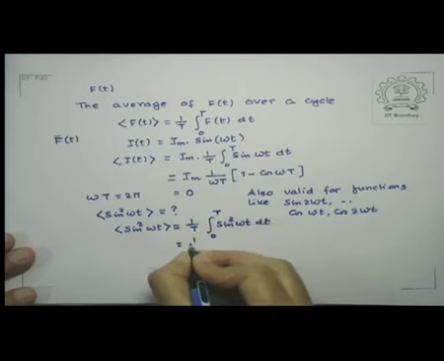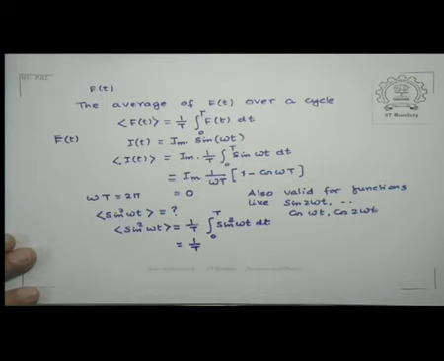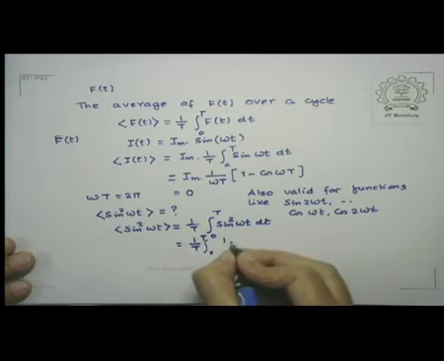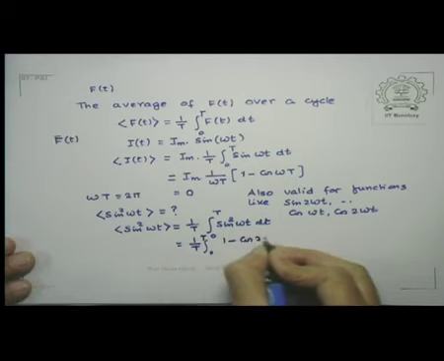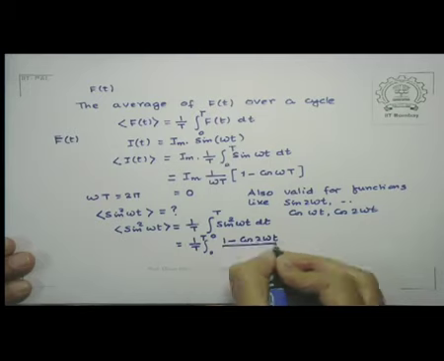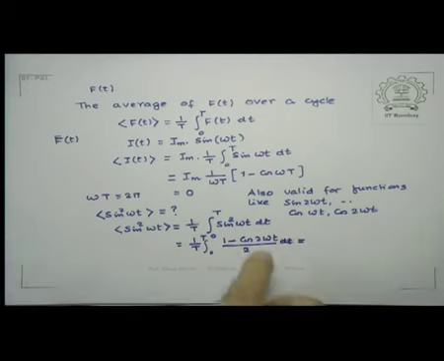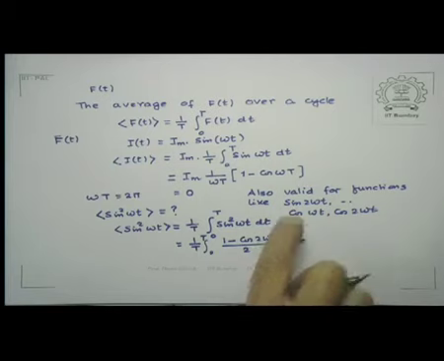You recall your multiple angle formula, which tells me that sine square omega t is written as (1 minus cosine of 2 omega t) divided by 2. And I have just now told you that any multiple of sine or cosine omega t averages out to 0.